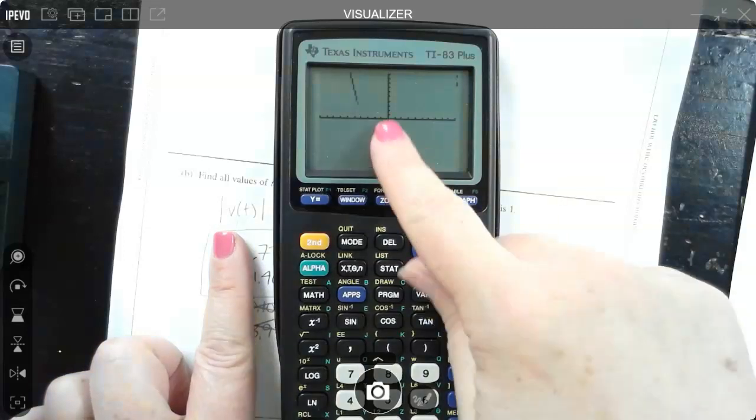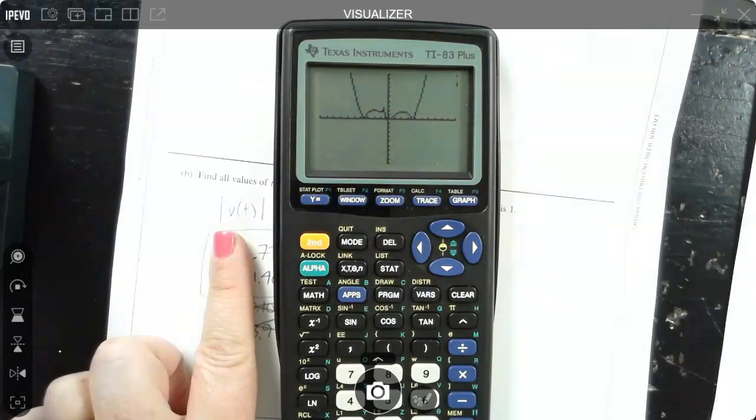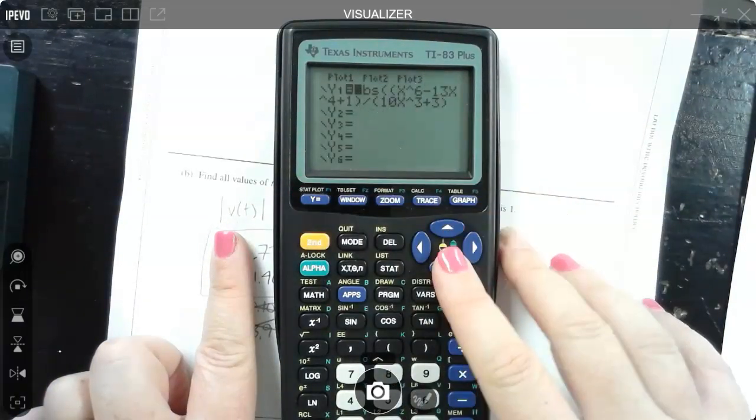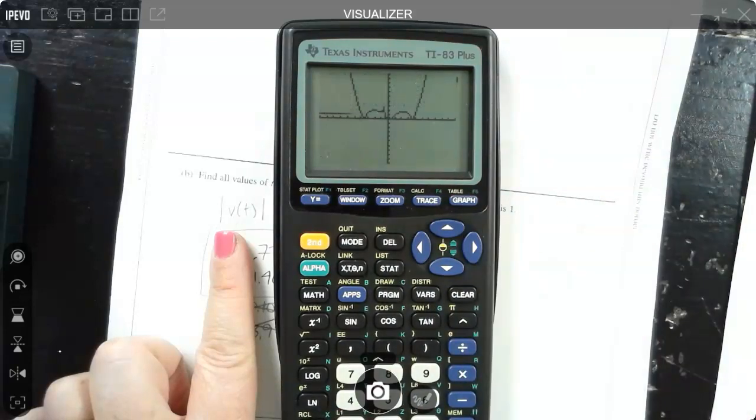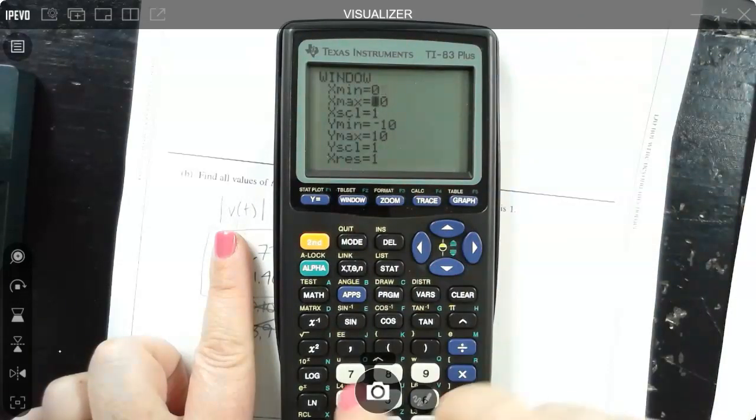And then I calculated where it crossed over. Notice that it's hitting 0 in several places, but I'm looking for where it hits 1, and I've got to stay between 0 and 2.